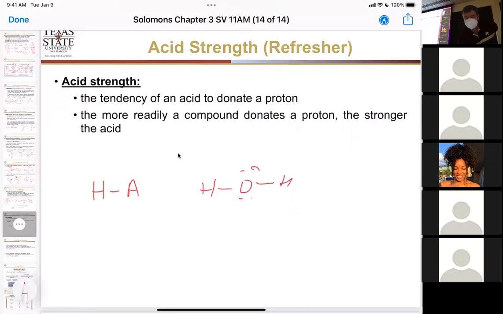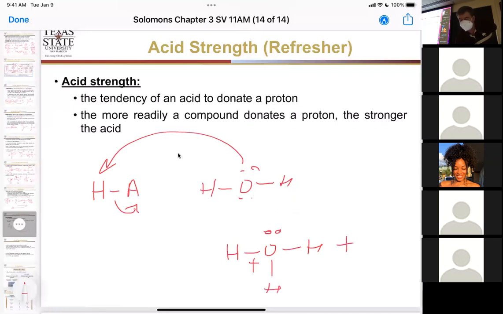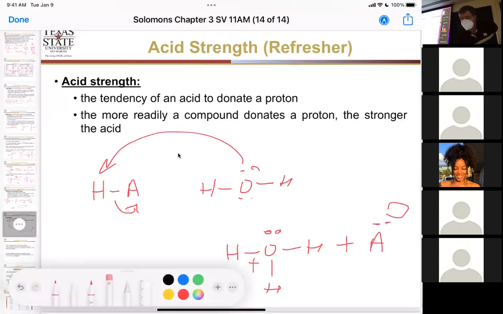And when I'm doing that, these electrons come over to this hydrogen, these electrons stay on here, and we're left with H3O plus and a lone pair plus A with electrons with a negative charge, not a positive charge, right here.